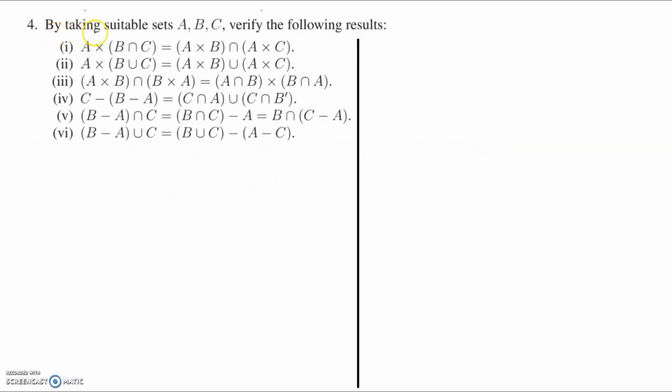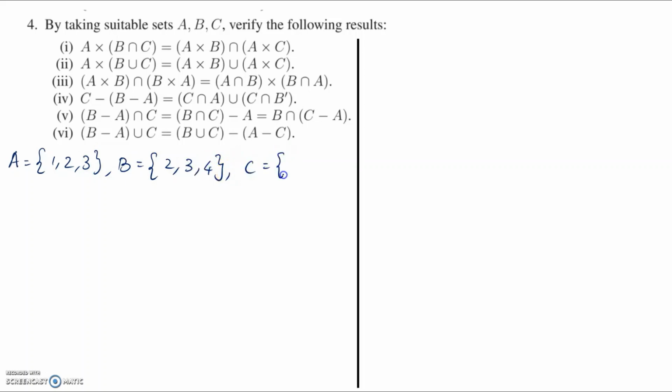Question number 4. By taking suitable sets A, B, C, verify the following results. So you can see A, B, C is in all the questions. So let's consider 3 sets. Let's take the set A to be {1, 2, 3}. And we can take set B as, let's say, {2, 3, 4}.